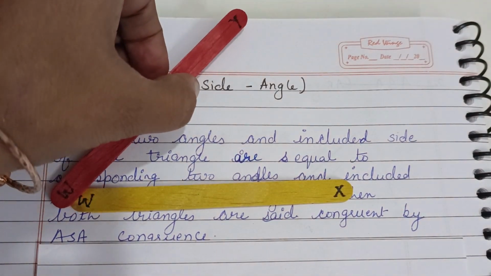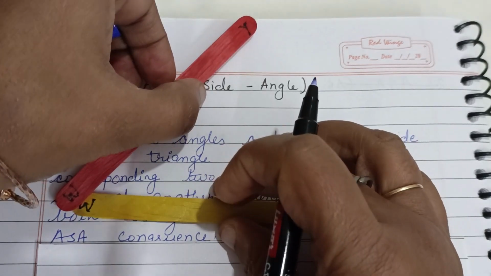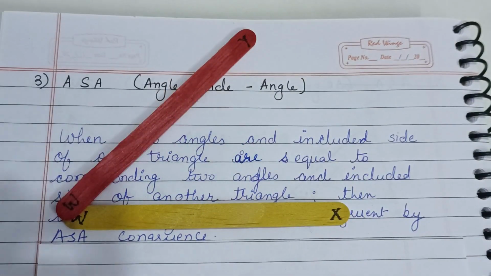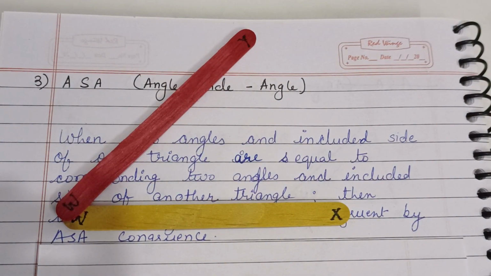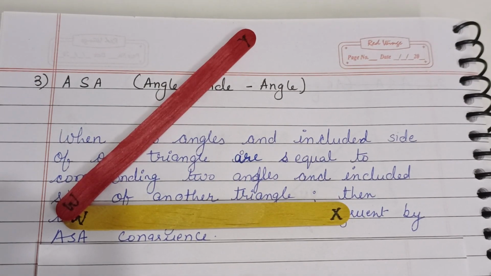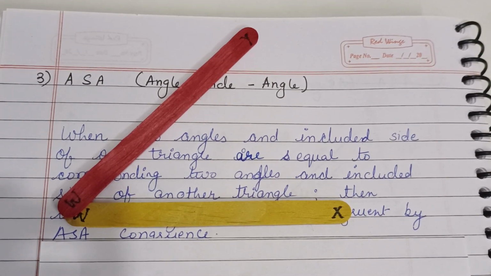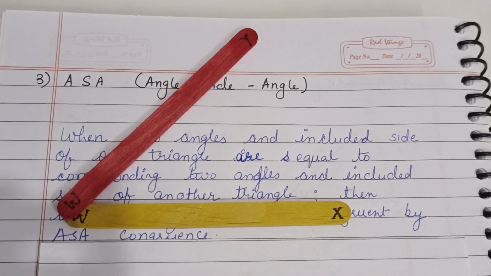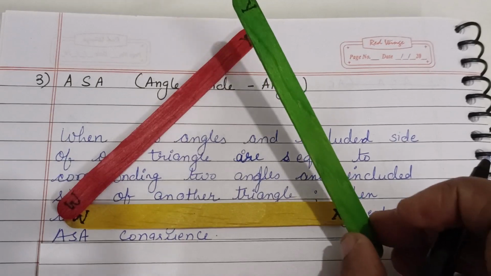So one angle I have made at W. Now another angle I can make at X, so it can be XY, like this.